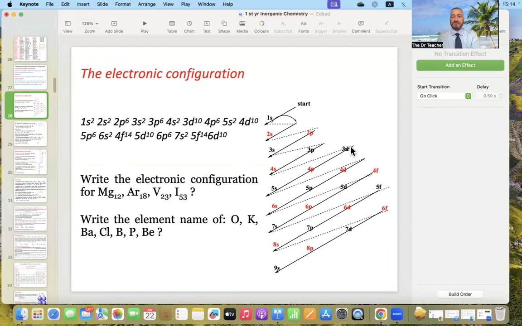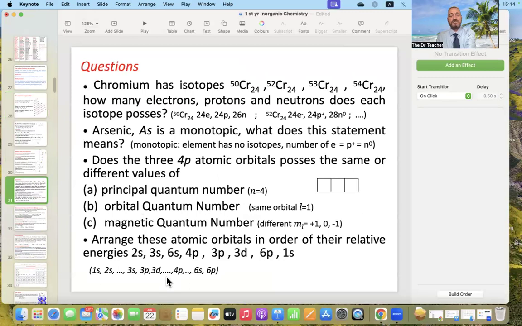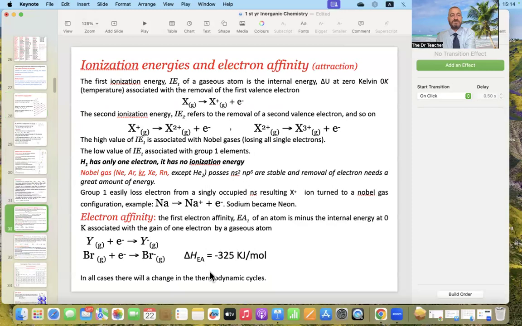You have to memorize this, and then you can answer the questions written there. So here the answer is 1s2, 2s2, then 3s, 3p, 3d, 4p, 6s, 6p.